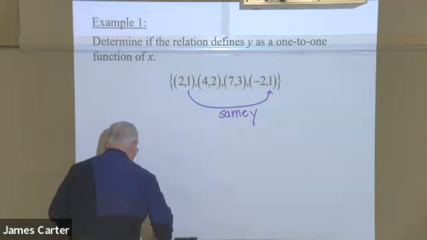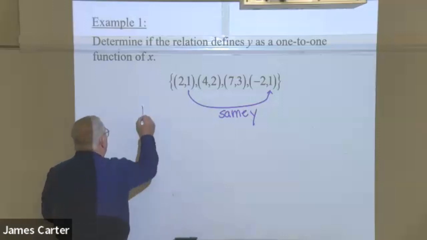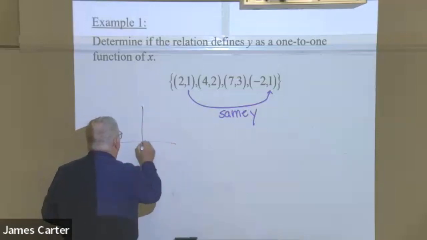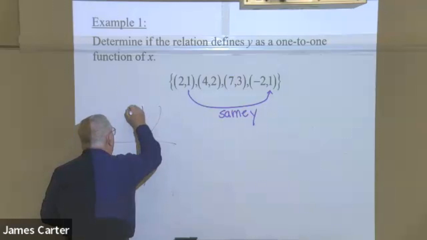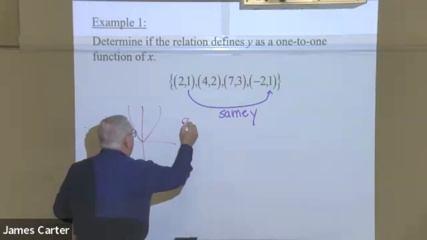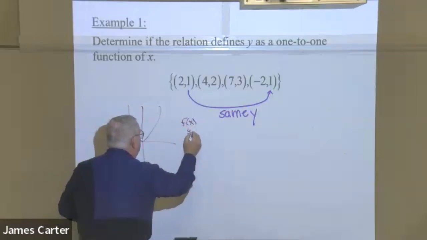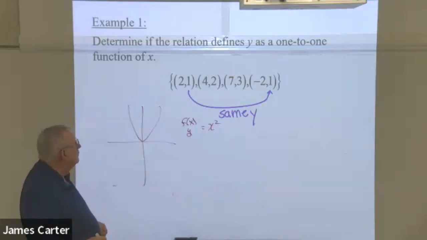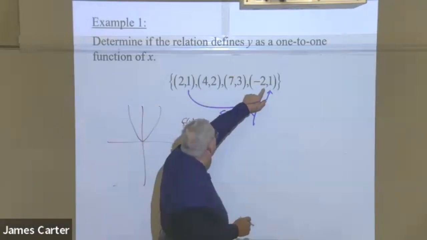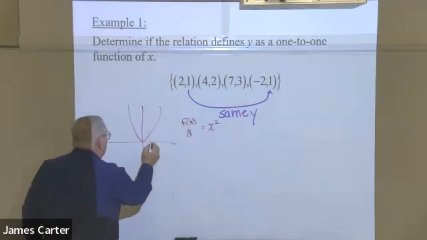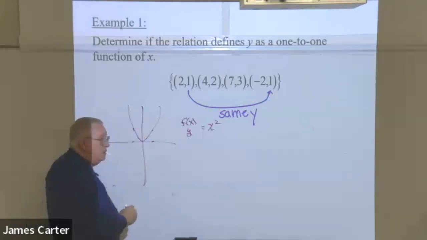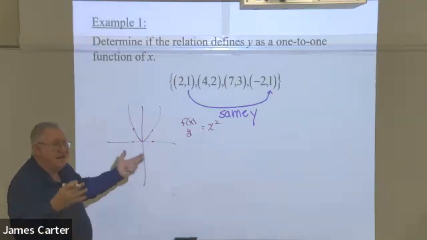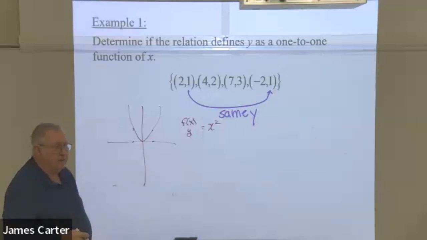Well, let's look at this. If we had a graph of just a standard parabola, f of x or y equals x squared, those two points would be in that. Here's positive 2 and up 1. Here's negative 2 and up 1. That's what that's saying. Okay?